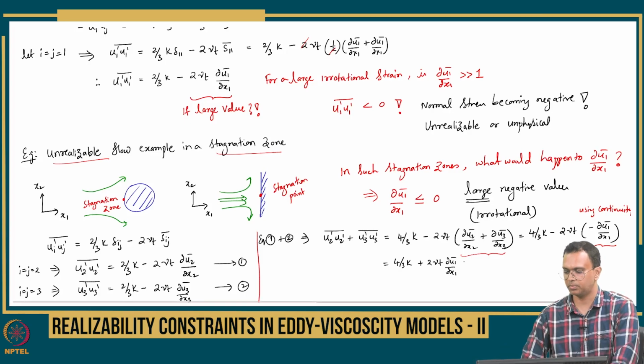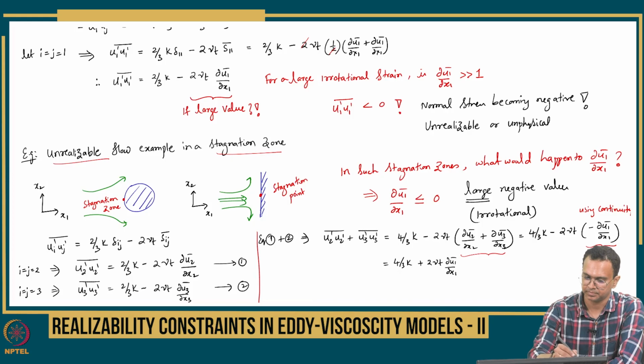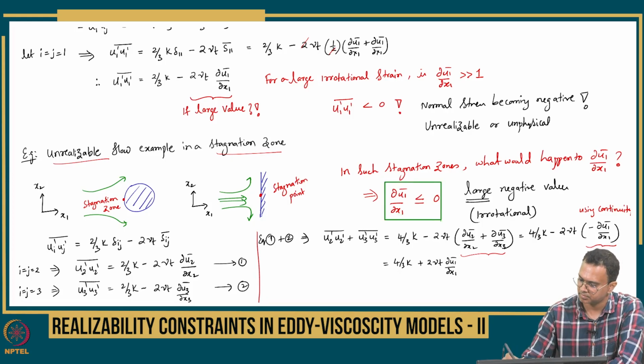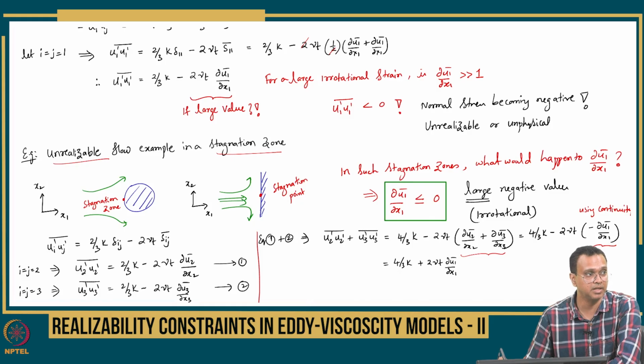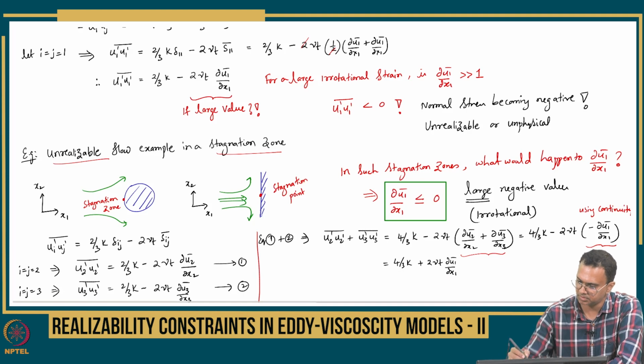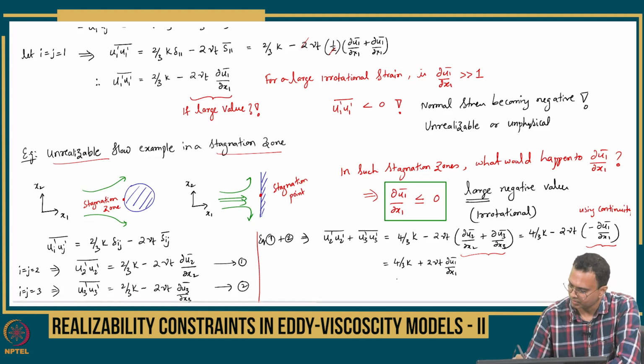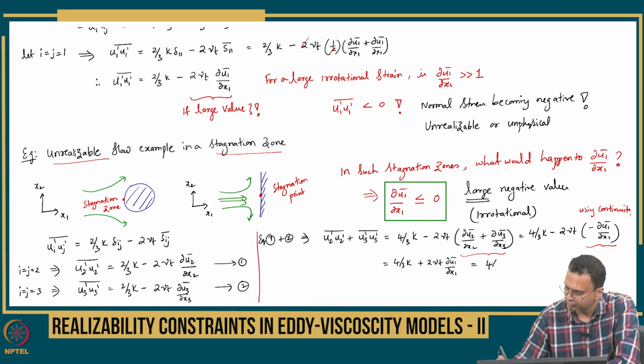But what is ∂u1 bar by ∂x1 here? It is a large negative value, extremely large negative value. So this becomes very large negative. So this becomes 4/3 k, and k is always positive.